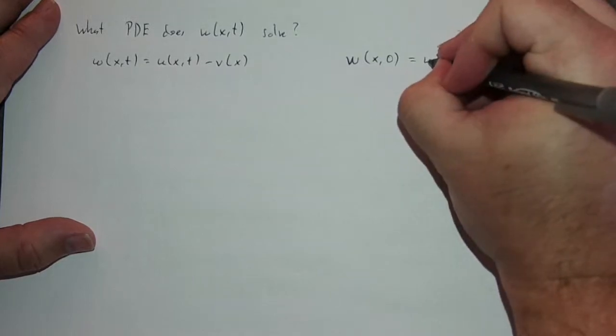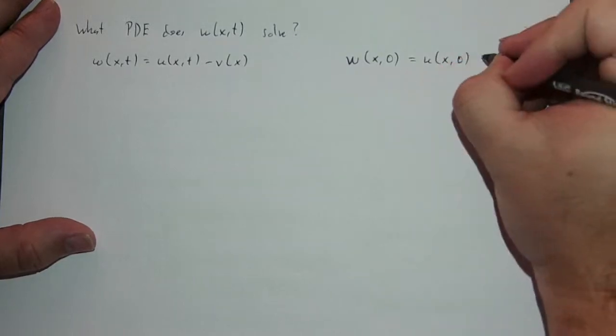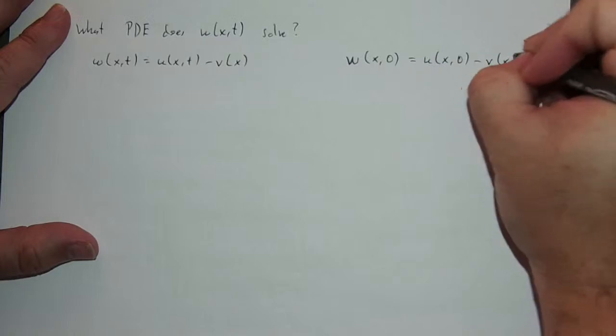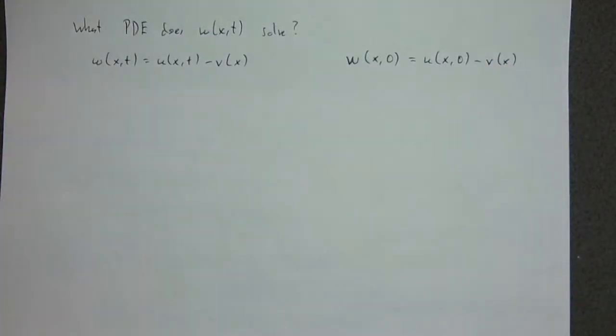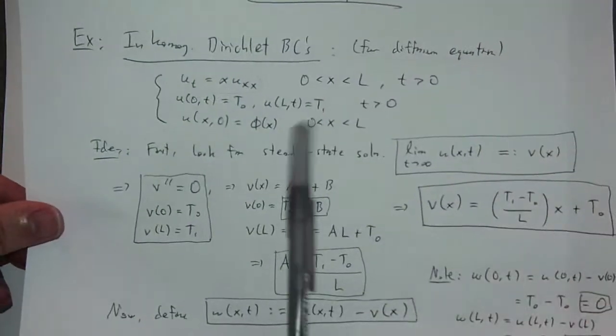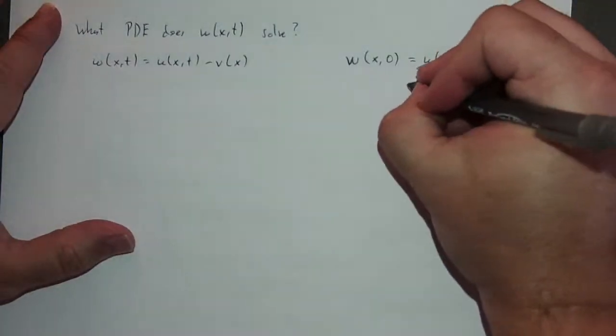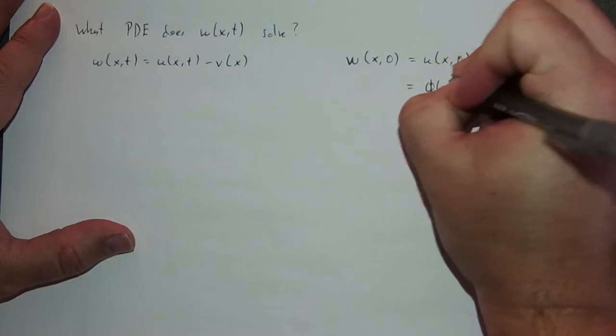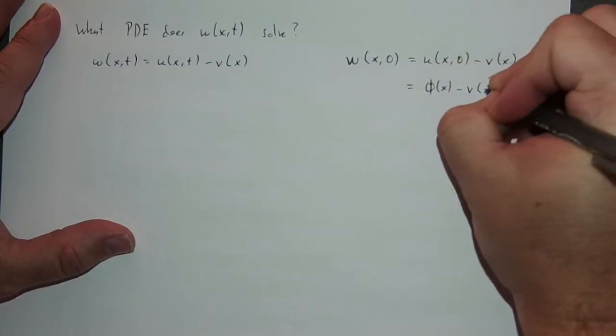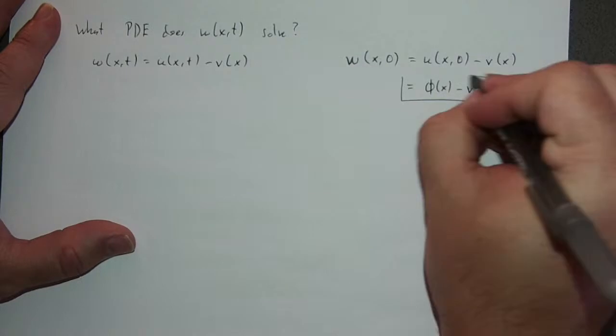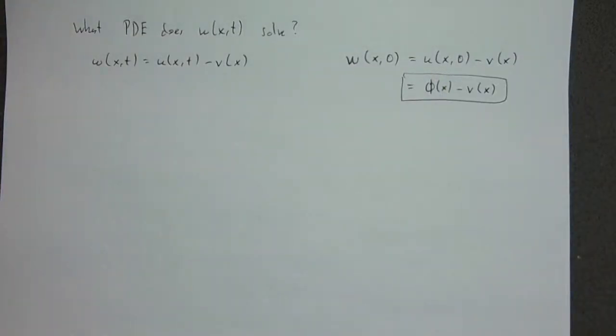Well, this is U of x,0 minus V of x. But U of x,0 is phi. So this is phi of x minus the steady state solution V of x. Okay.